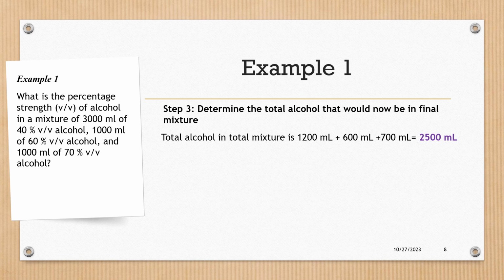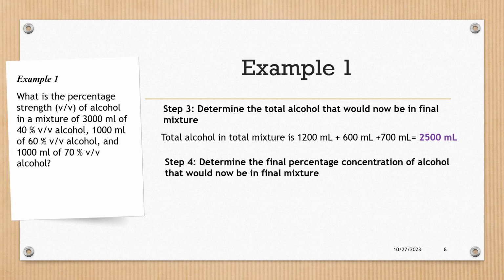So if you have 2,500 mls of pure active and that 2,500 ml is in 5,000 ml of final mixture, I think you should be able to put a mental picture to that and come up with the concentration without even doing the calculation. But let's go ahead with the calculation and see what that is going to be like.